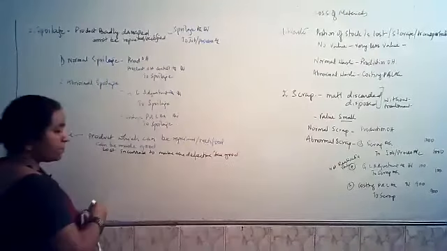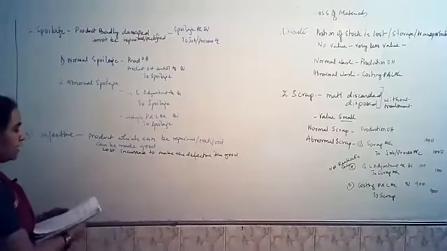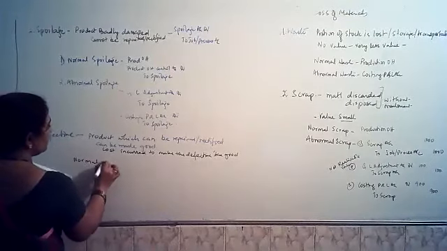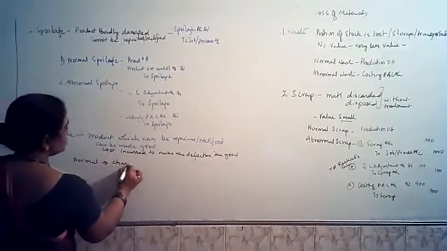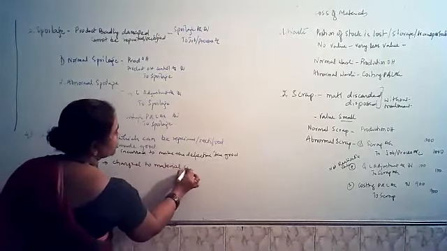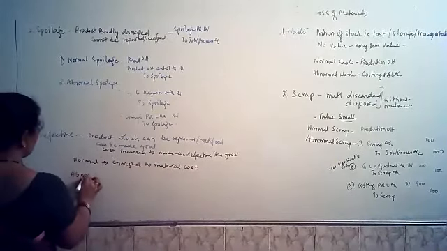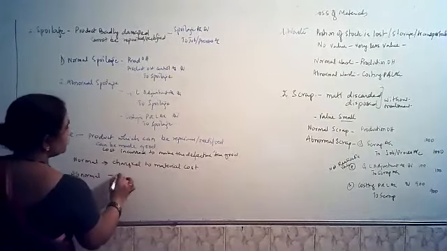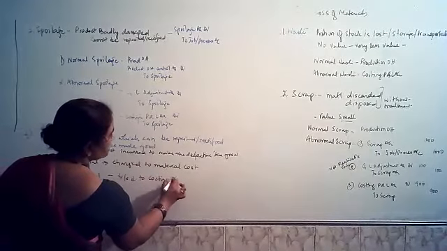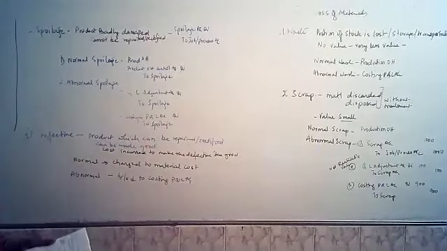Normal defective cost is charged to material cost only. You don't take it to production overhead, you take it to the material cost only. If it is abnormal, it is transferred to the costing P&L account. In the same fashion as before, you take away the defective as well.